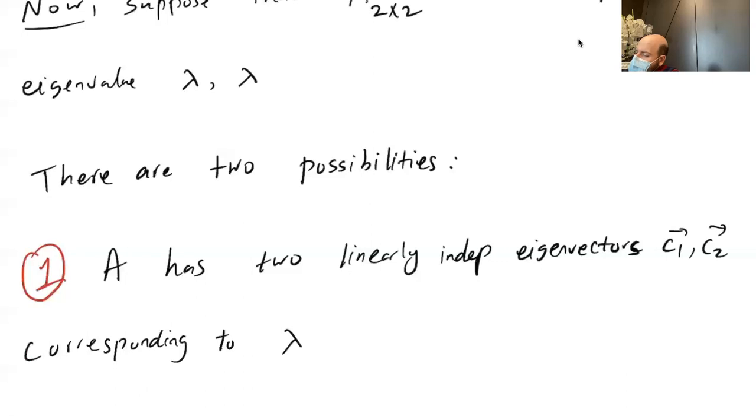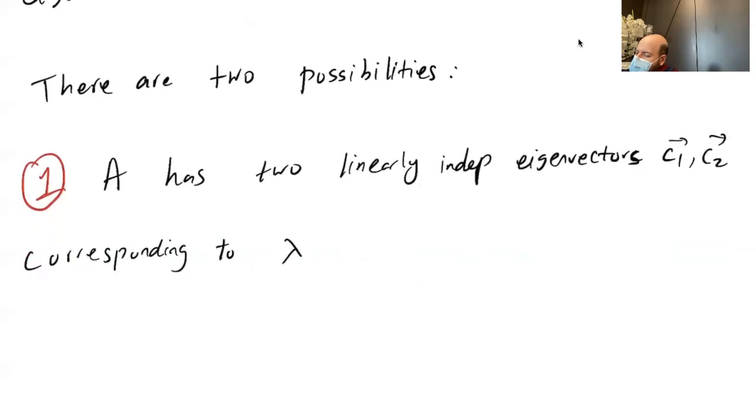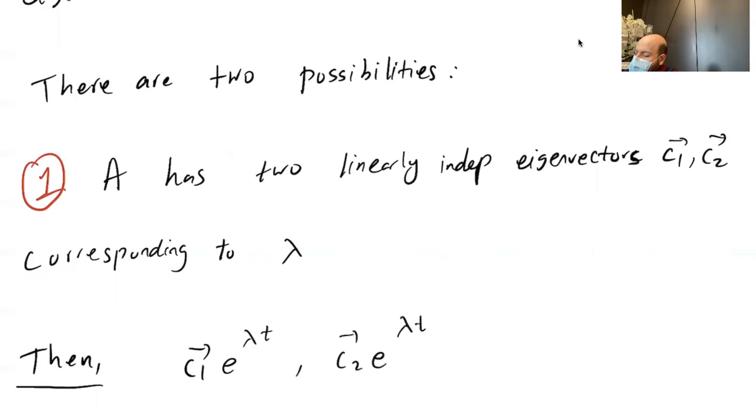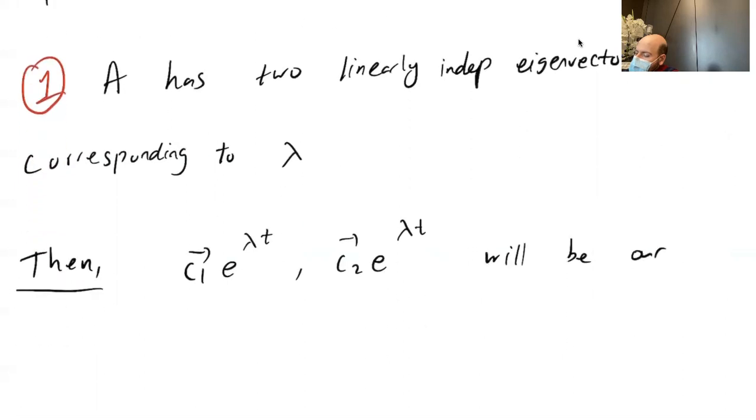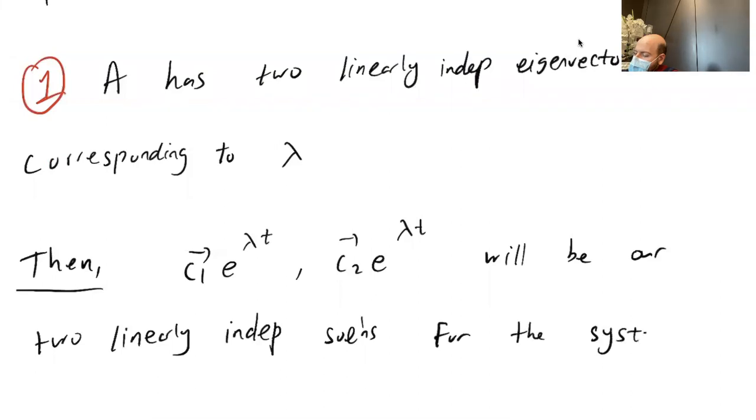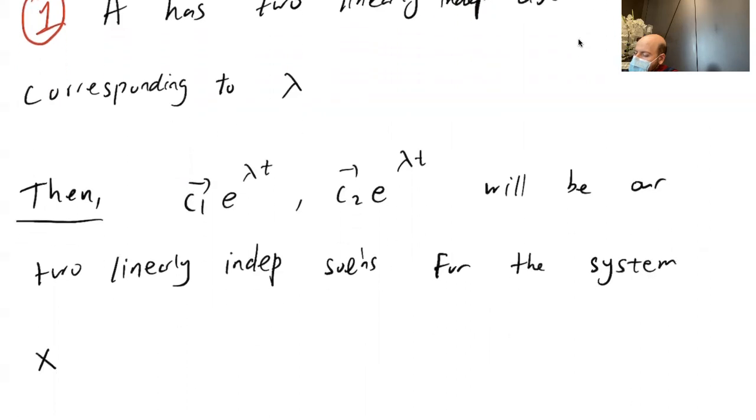If A has two linearly independent eigenvectors C1 and C2 corresponding to lambda, then C1 e to power lambda t and C2 e to power lambda t will be our two linearly independent solutions for the system x prime equals Ax.